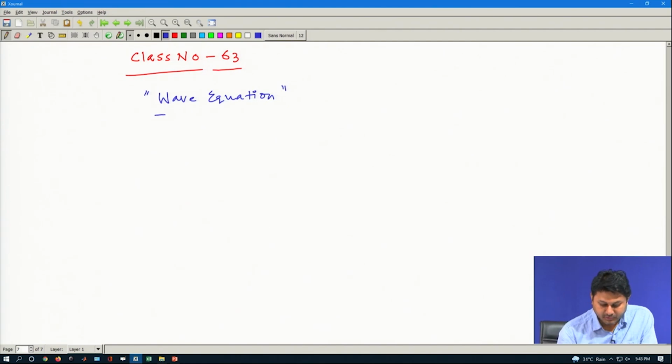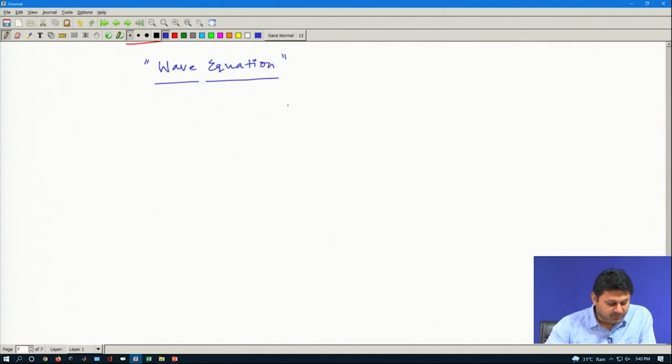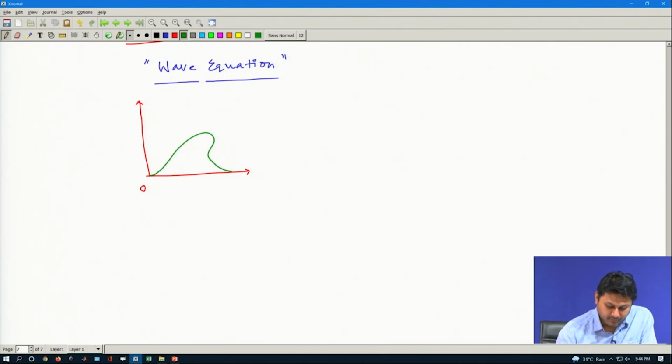Most of you may be aware of the wave equation in different branches of physics, so we will make a simple general discussion about it here. Suppose I have a fixed coordinate system, which I call O, and in this fixed coordinate system let me have a disturbance or a wave like this.